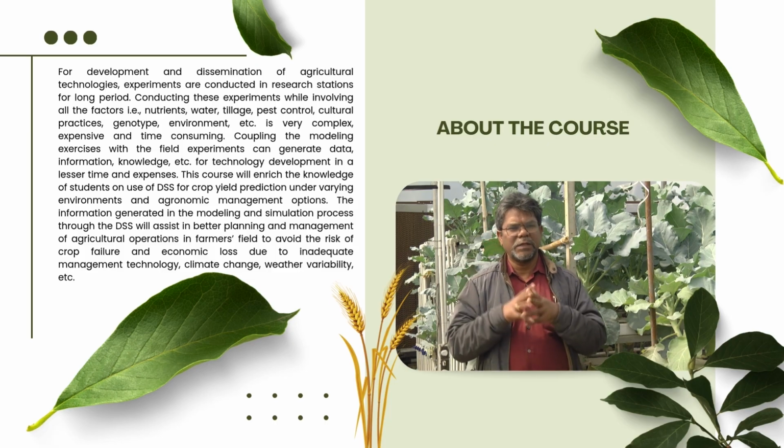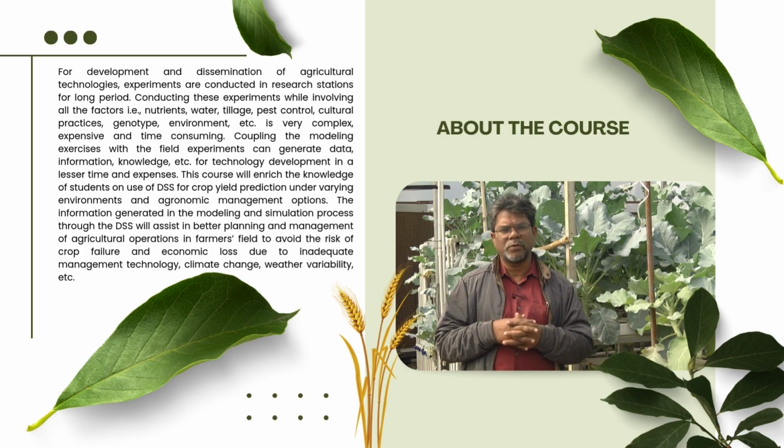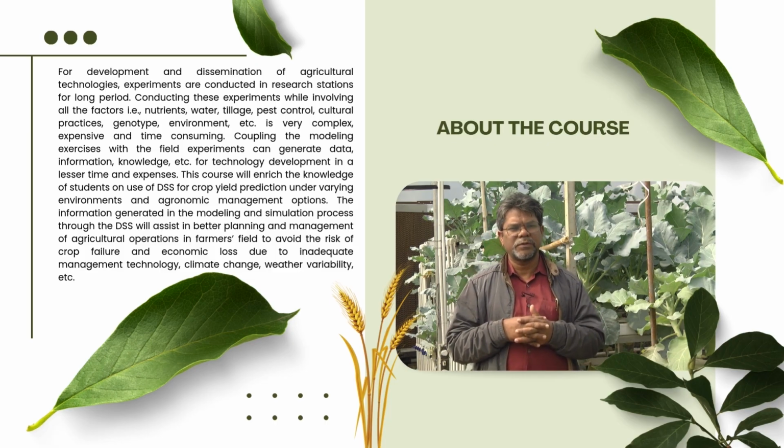Let me explain the importance of this course. With the increasing population growth, there is a huge demand for food grain production, and farmers are facing a lot of challenges. There are decreasing natural resources, and climate change impacts are affecting food security.